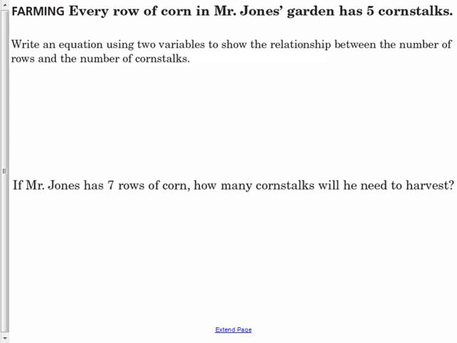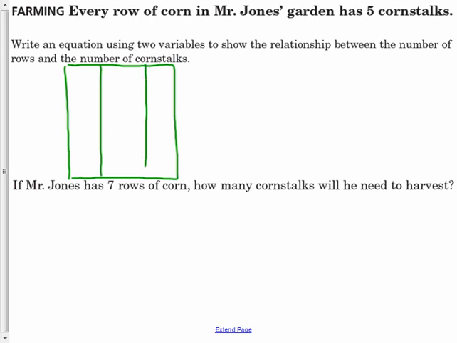So I'm going to make a function table here, just a quick sketch of a function table. And I'm going to make a column for my x's, and a column for my y's, and a column for my function rule. All right, so I'm going to choose if I have 1 row, 2 rows, or 3 rows.